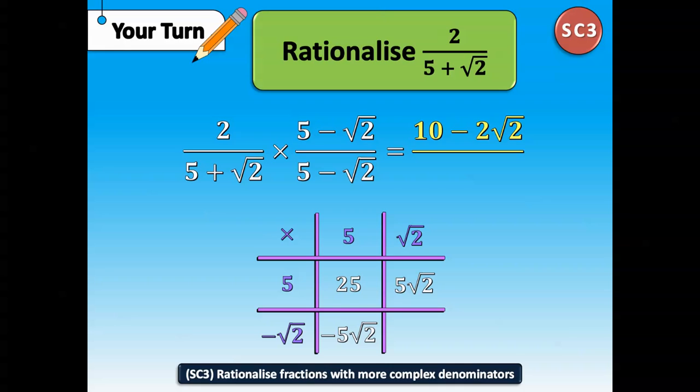And root 2 times minus root 2 is minus 2. If we add these together, we get 23. So on the bottom of the fraction is just 23. That means our final answer is 10 minus 2 root 2 over 23.